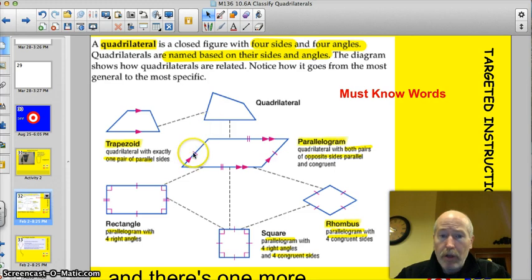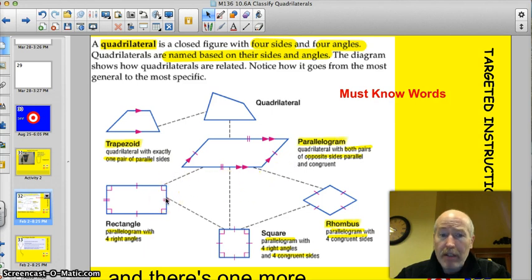So they're parallel and they're congruent, which means the same length. Over here, the same way. Two little arrows showing that this set of lines is parallel, and the two little ticks saying that they are both congruent. So a parallelogram has two sets of parallel lines and two sets of congruent sides, and they are opposite one another.